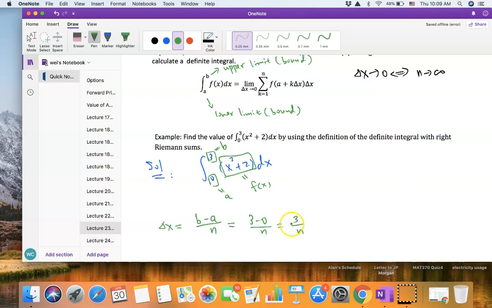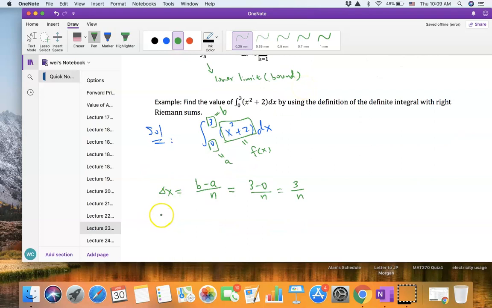Okay, so delta x is 3 over n. Now, once we know how to write delta x, we can know how to write this piece, a plus k delta x. A plus k delta x is 0 plus k times 3 over n. So it's 3k over n.